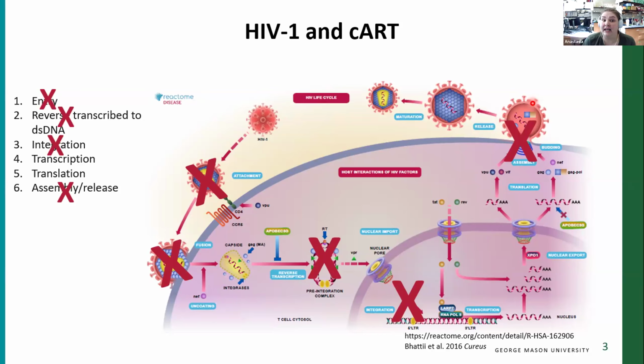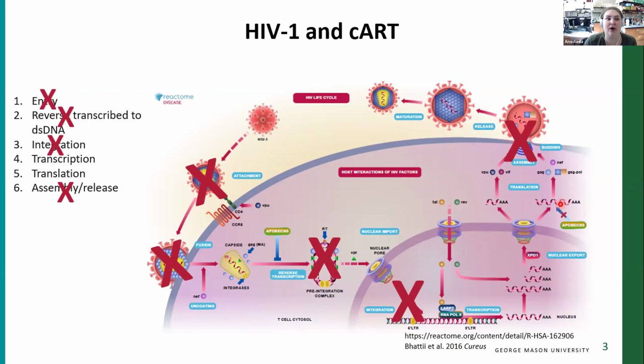With these extended lifespans, although of course great to have, again, the prevention of AIDS, there are still a variety of complications associated with HIV, and these stem from no transcription and no translation inhibition.